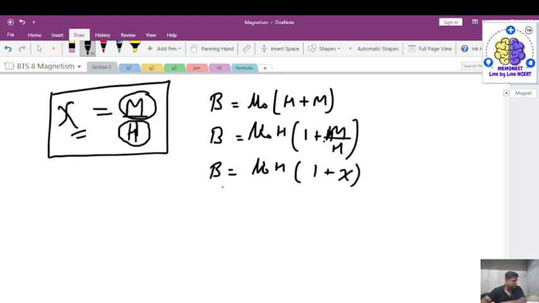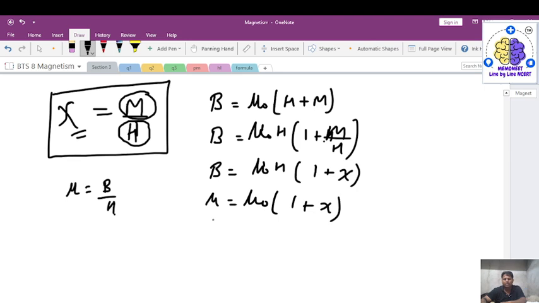Then from here we have one more relation, that magnetic permeability is equal to B upon H. So we can write mu is equal to mu naught into (1 plus Xi).